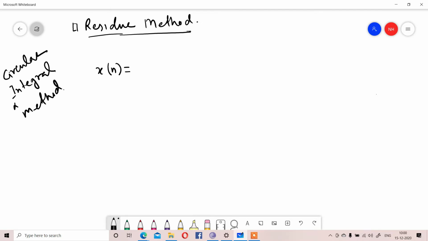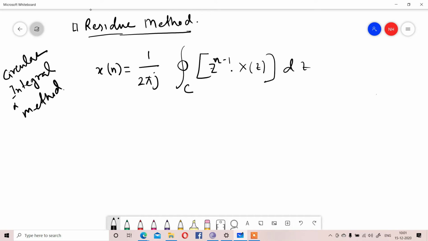As after the Z transform, the value of X(z) you are getting depends on a circle. So from X(z), if you want to calculate x[n], you have to do the integration, and that integration will be a circular integration. You just need to know the formula, that is not much important. That is the circular integration of z^(n-1) X(z) dz. If you can do that, you can calculate x[n].